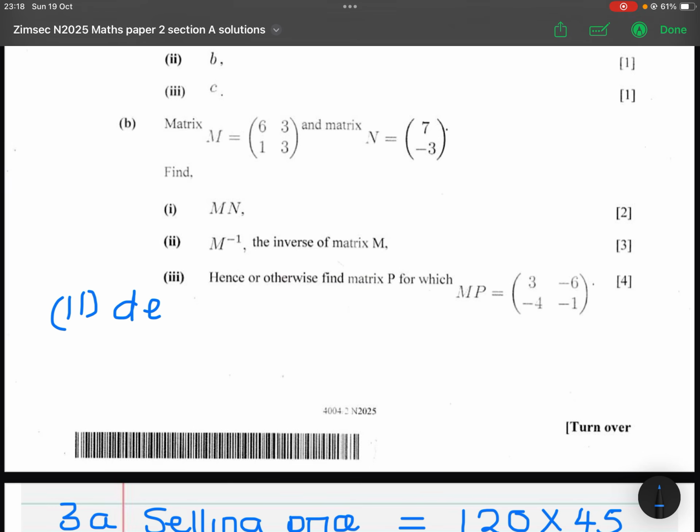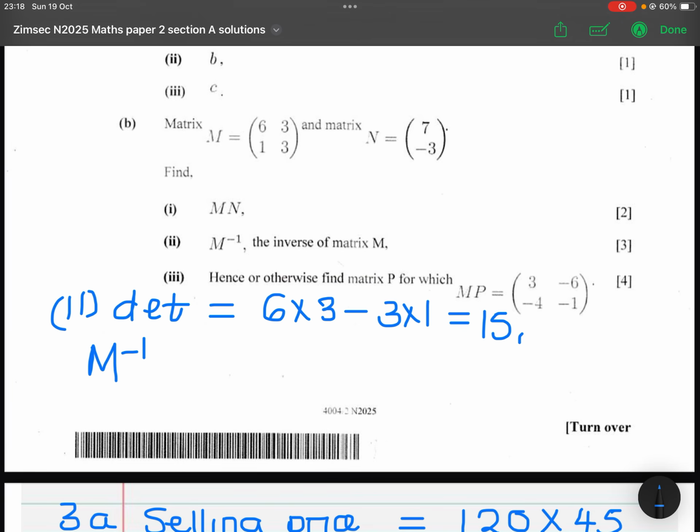So here, we first need to find the determinant. Determinant, we say AD minus BC. So it is 6 times 3 minus 3 times 1. 6 times 3, we get 18. And then 18 minus 3, we get 15.